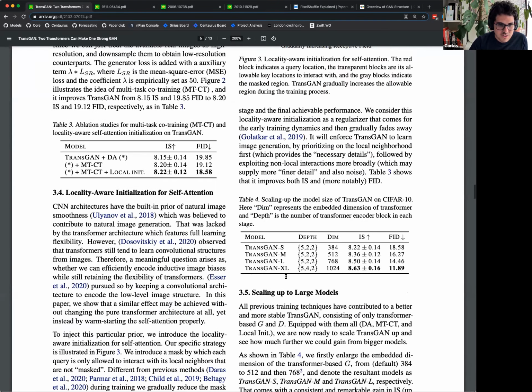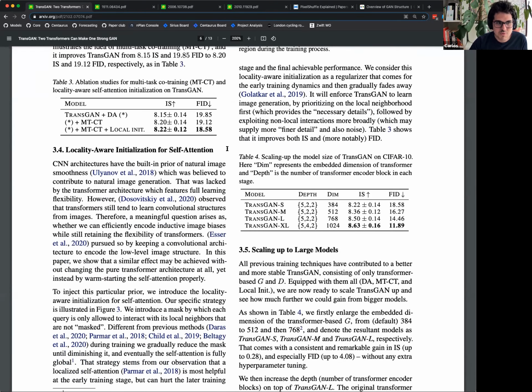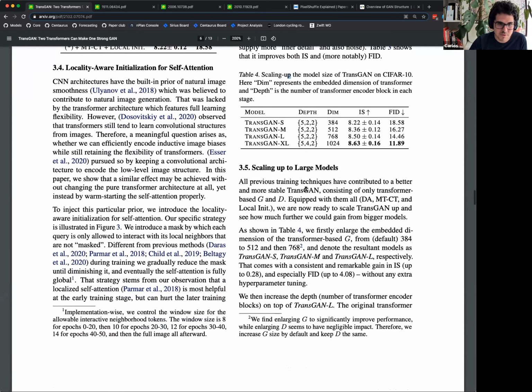And they actually don't make an effort to improve the state of the art on CIFAR-10, because they say, so they hang on to this idea that transformers are so data hungry, so data intensive, that they need more data. So instead they go to this second benchmark.